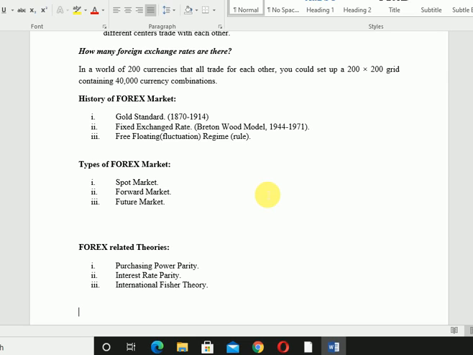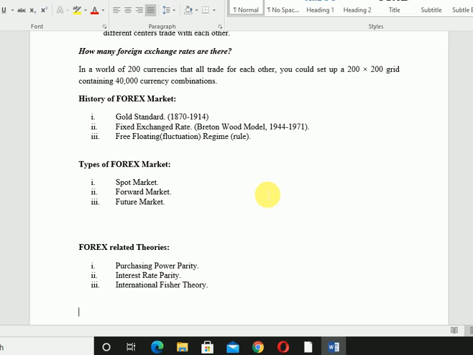Similarly, the interest rate parity. Interest rate parity you will discuss in detail, but here I am giving you a touch. Like if in Afghanistan the deposit interest rate is 10%, in the United States the same 10% rate should not be there.